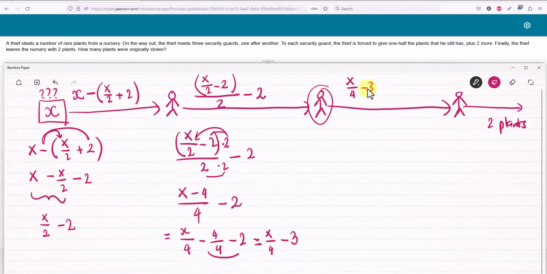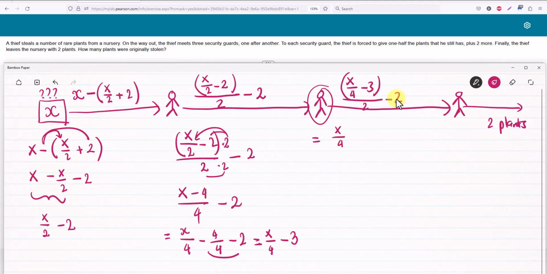Now, when he met with the final security guard, this final guy says, hey, give me one half. So he's losing another 50%, or divide by 2, plus 2 more. So he's losing another 2 plants, right? The current value divided by 2 and then subtract another 2. So let's do the calculation again.